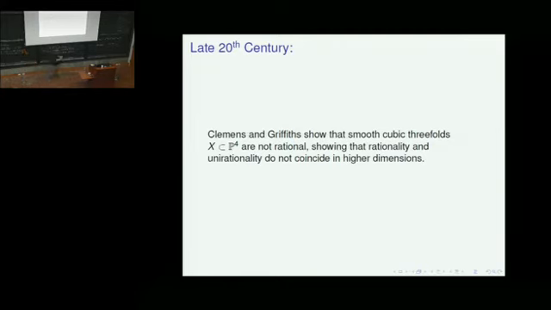But they couldn't find a rational parameterization, and Clemens and Griffiths in 1972 showed that in fact you can't, that they're not rational. That was the first example, and we have others now, showing that rationality and unirationality do not coincide in higher dimensions.